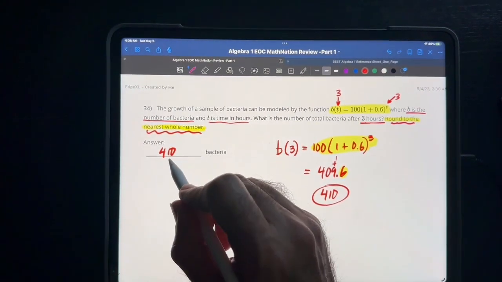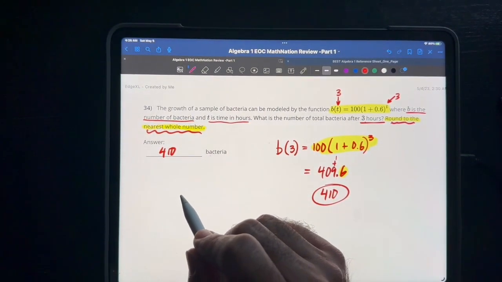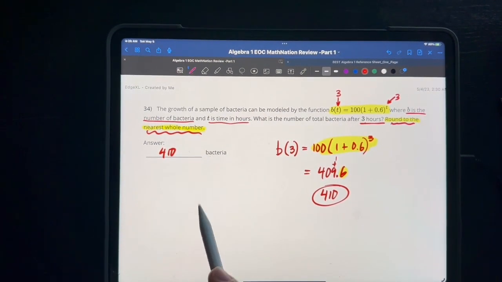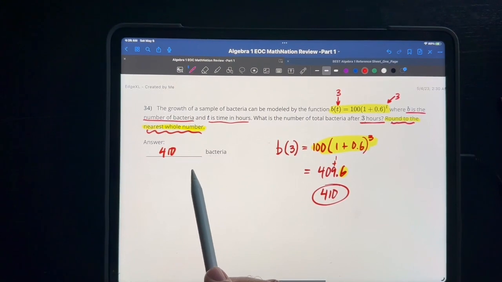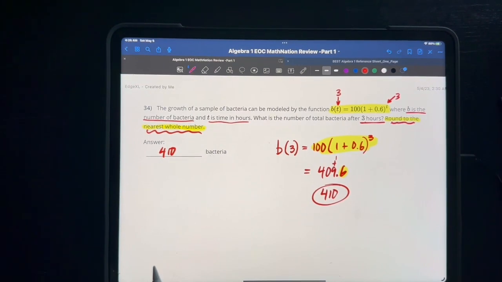So it's 410 bacteria. So after 3 hours, that's how much it grows. Okay? And guess what? They could ask you, what is the initial amount? They could ask you at the beginning, when time equals 0, what is the initial amount? What would be the answer for that, guys?